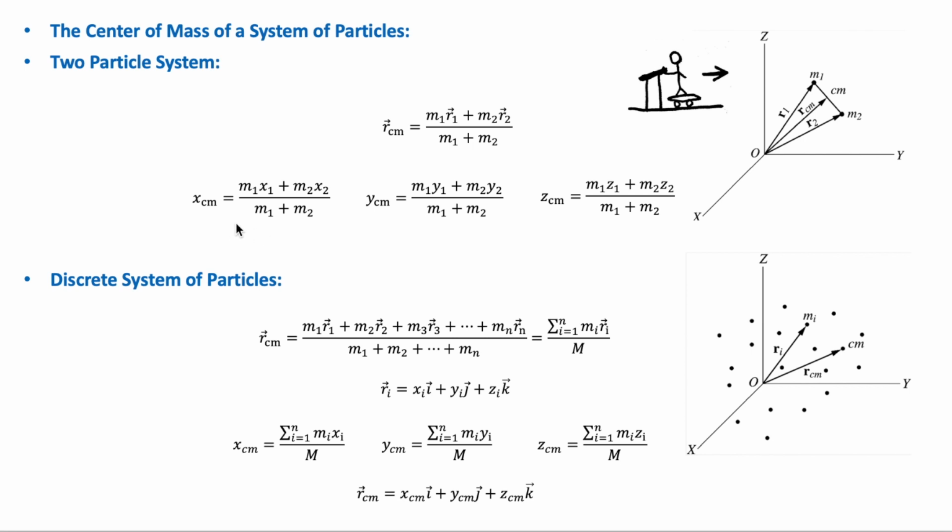And in component form, we may write it this way. Suppose now that the system consists of n particles, then the position of the center of mass is given by this equation. So it is sigma mi ri over the total mass of the system m, where ri is the position of the ith particle.